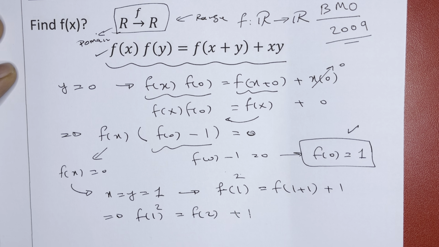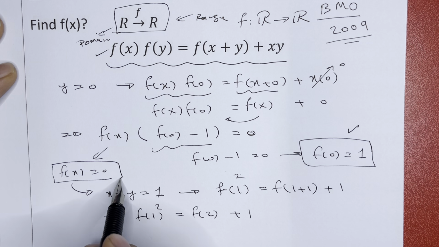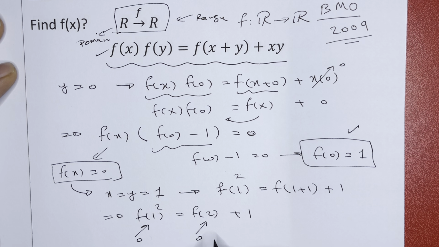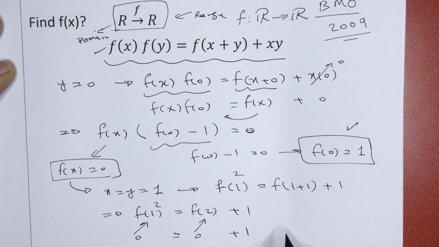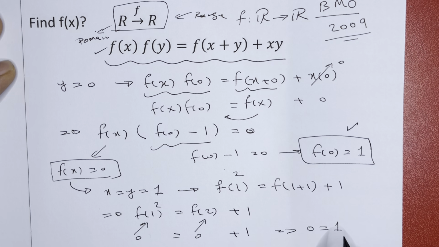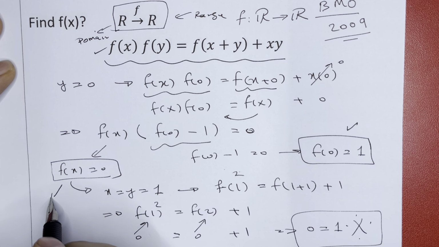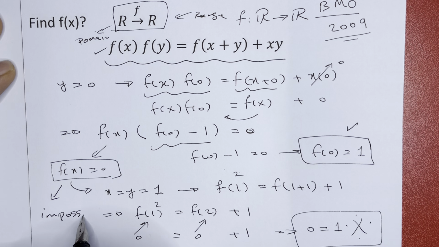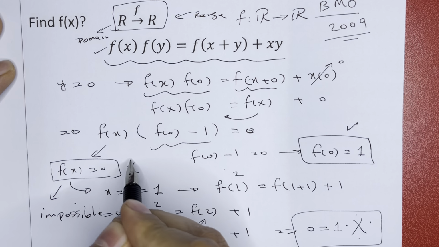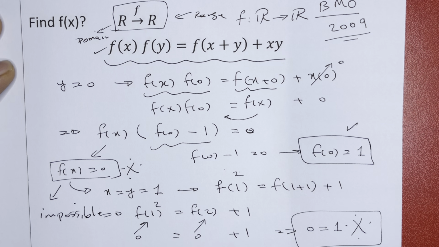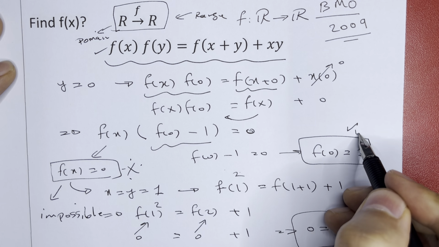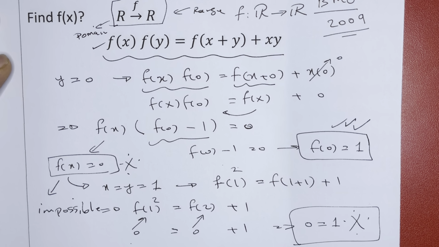If this statement is true, meaning f of x is 0 for all x, then this one must be 0, this one must be 0, and then we have 0 is equal to 0 plus 1, or 0 is equal to 1. Is it possible? Of course not. So this statement is not possible. So the only thing is f of 0 is 1.